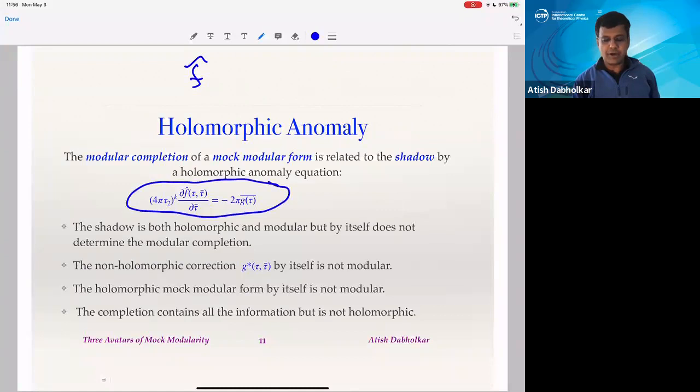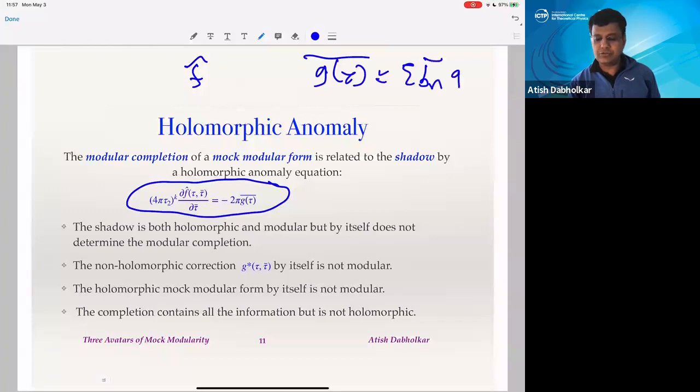Basically, if you take the tau bar derivative of F hat, it is not zero. However, the failure is captured by the shadow: take the shadow and take its complex conjugate. So G(tau) bar is basically the sum of b_n bar q bar to the n.